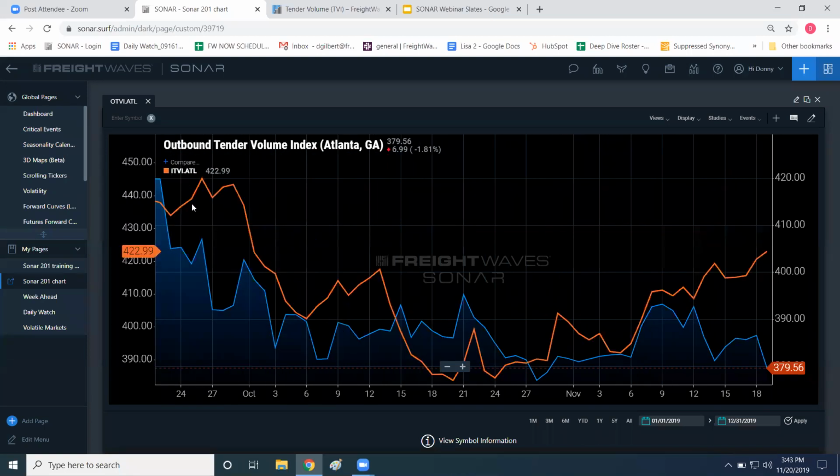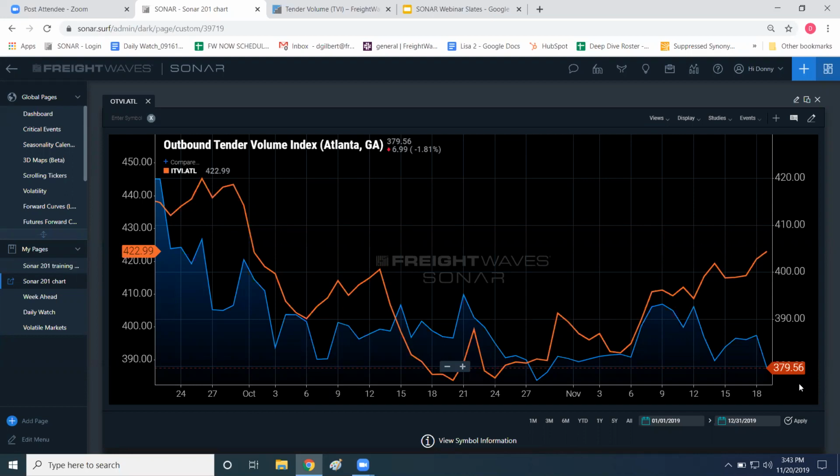And here we have the inbound tender volumes. These are loads that are delivering into the Atlanta market. And you see here, they're actually trending upward. So inbound is 422 index points, and the outbound is 379 index points. There is more inbound than outbound.